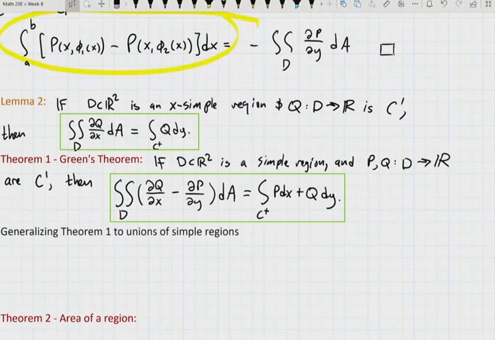So notice the region that Green's theorem applies to. I said simple regions, so they had to be both x-simple and y-simple. Fortunately, we can now generalize it to a much broader class of regions. We can generalize that theorem to any region that's a union of simple regions.